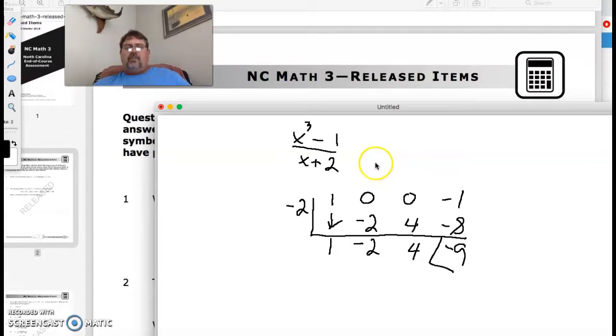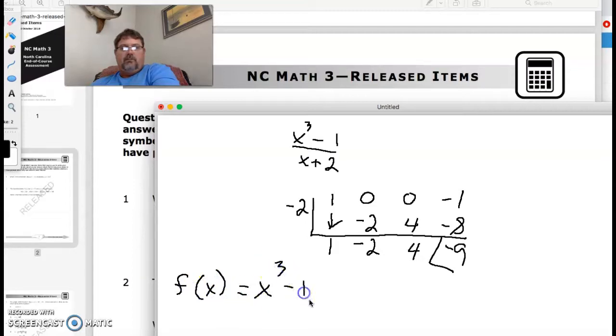But we had a remainder theorem that said, hey, when you do synthetic division, it is the same as evaluating a function. So what if we considered we had a function f of x equals x cubed minus 1.